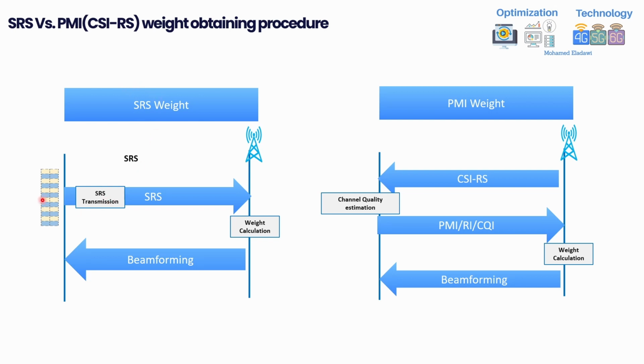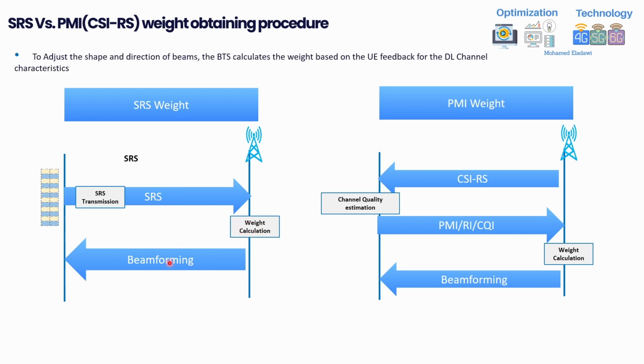Here, as you can see, the UE is directly transmitting the SRS in the uplink, and the BTS or the gNodeB can measure the SRS all the time and make the weight calculation. Based on this, it can identify the required beam direction and make the beamforming towards the needed UE with the needed beam.